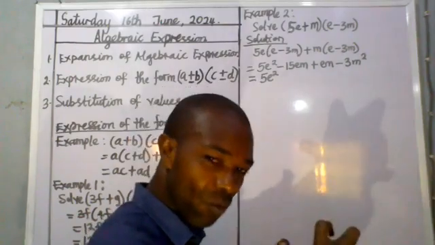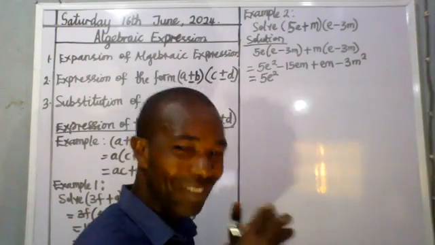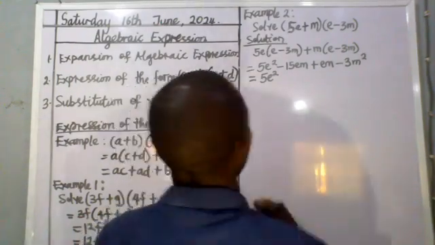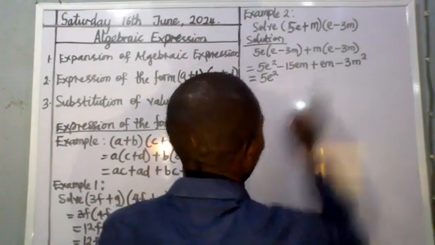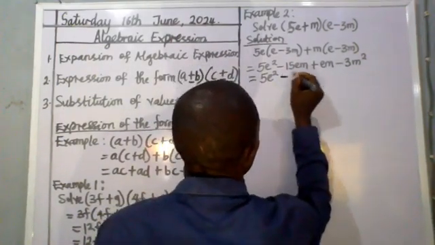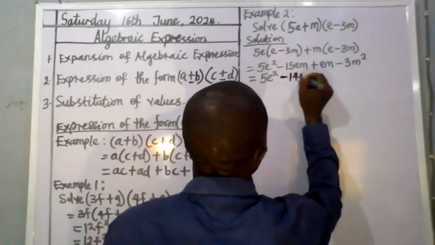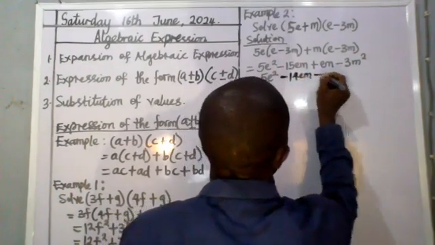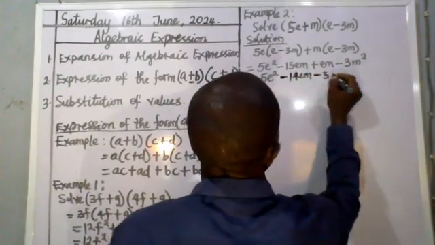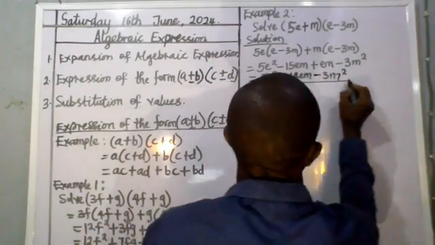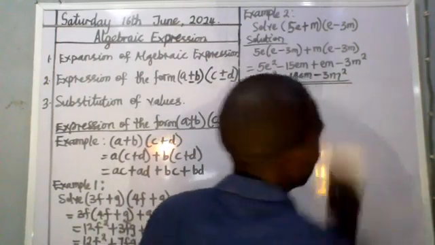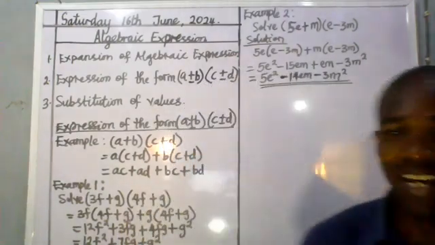I will remove the 1 naira. It will be remaining 14 naira. It means minus 15em plus em will give us minus 14em. Then minus 3m raised to power 2. And this is the final answer.